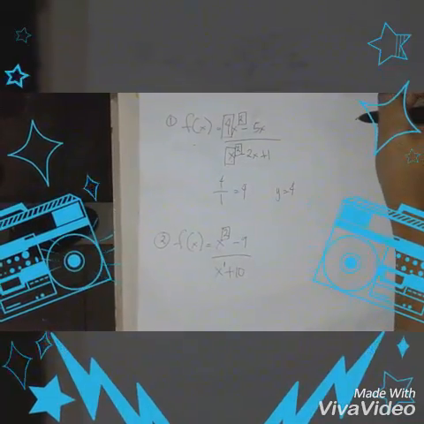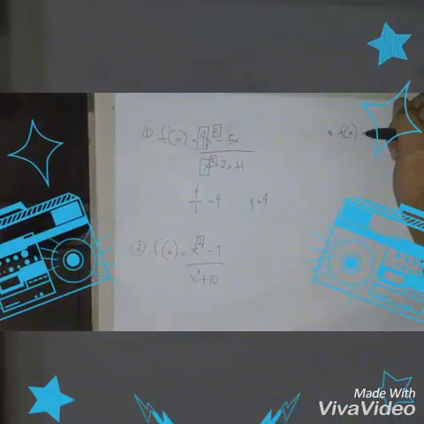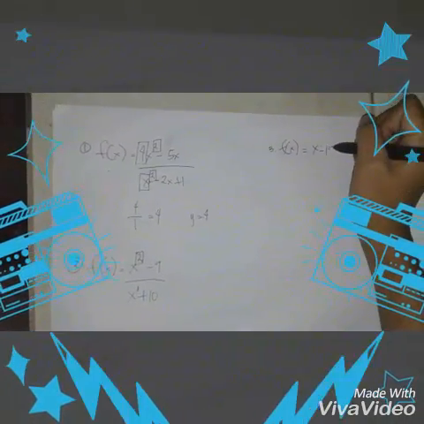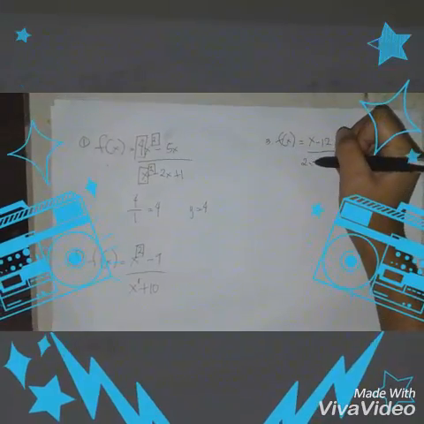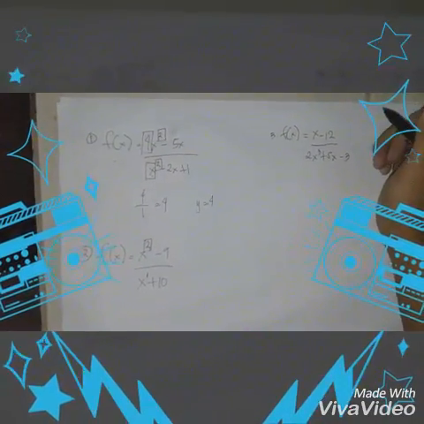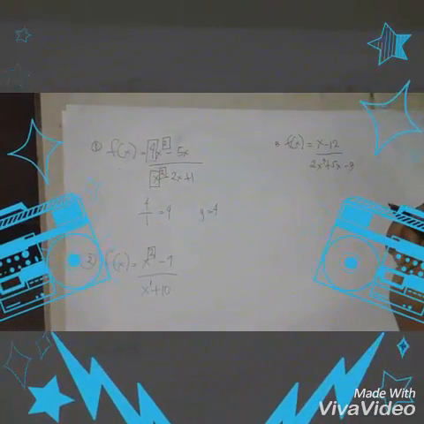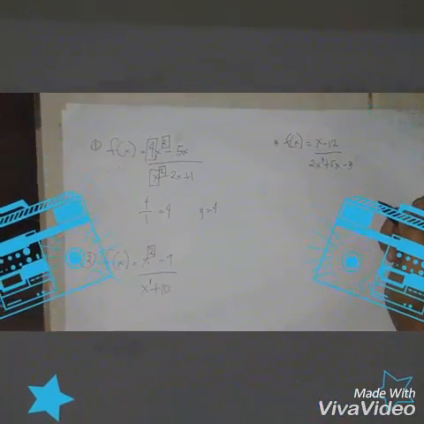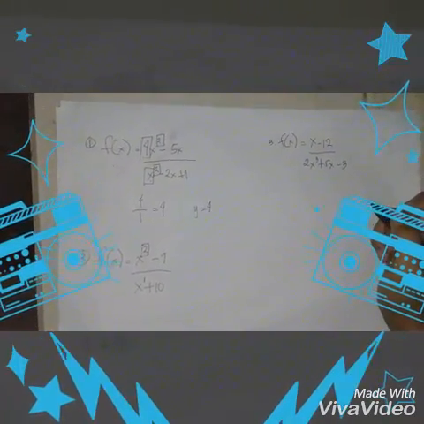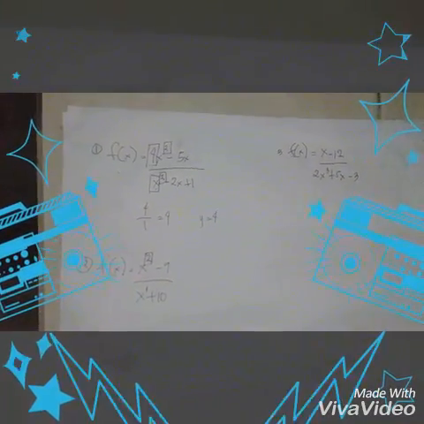Let's go on to the third equation. This is our third equation. f of x is equal to x minus 12 over 2x cubed plus 5x minus 3.